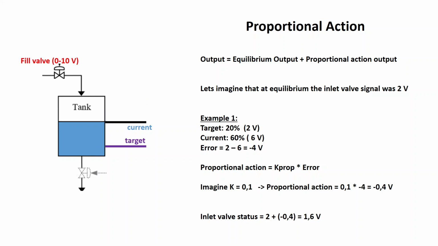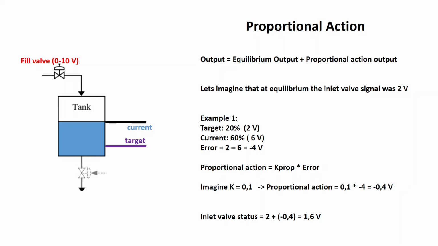If we see this other example where we want to diminish it, again, we can do the same reasoning. So in this case, the target is 20%, but now we have 60%, so the error is -4. If we calculate the proportional action, 0.1, which is the same constant, multiplied by -4, which is the error, then the proportional action is -0.4 volts.